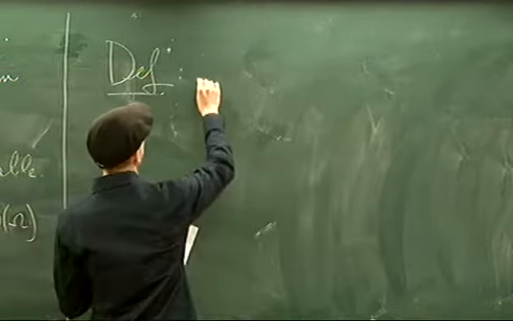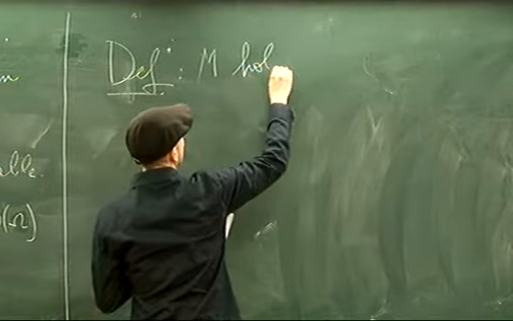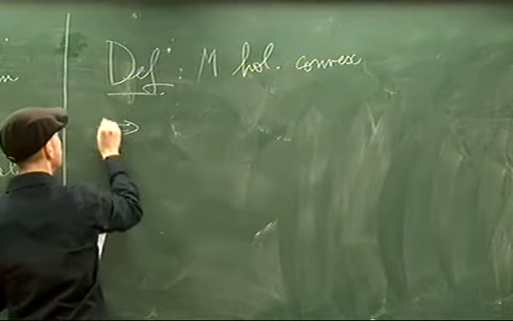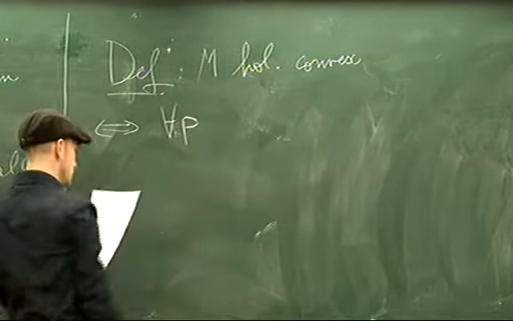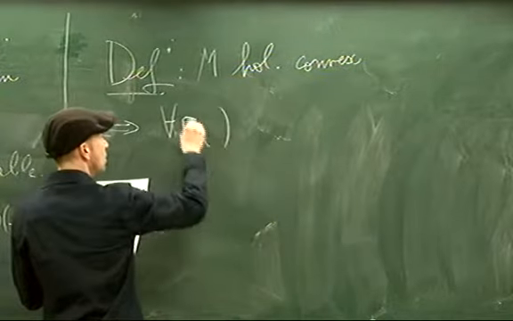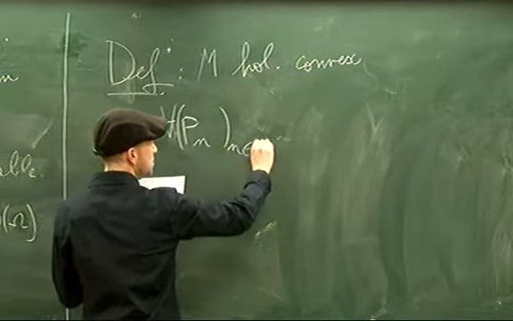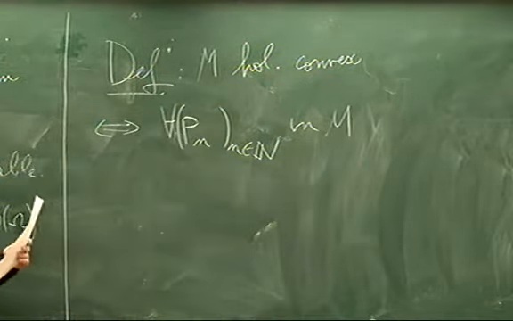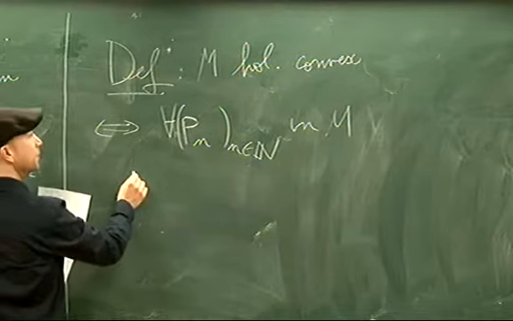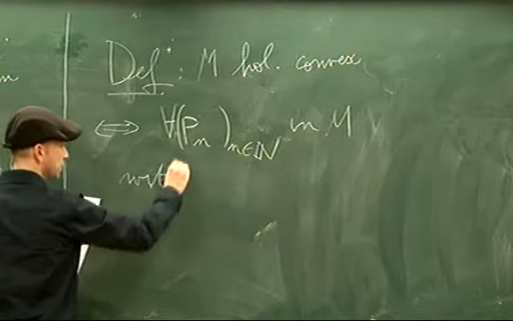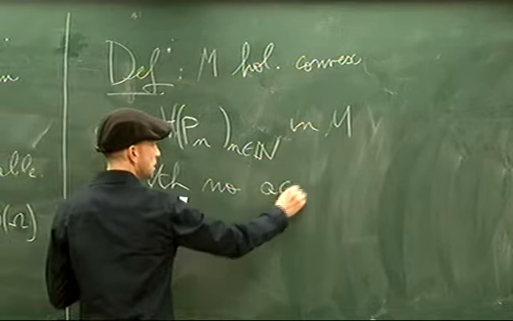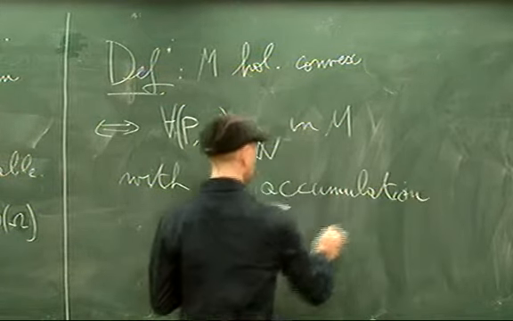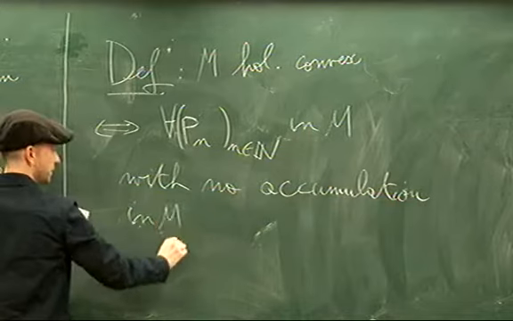M is holomorphically convex if and only if, when I take a sequence of points in the manifold that has no accumulation point, or no cluster points, in M. So what does that mean?